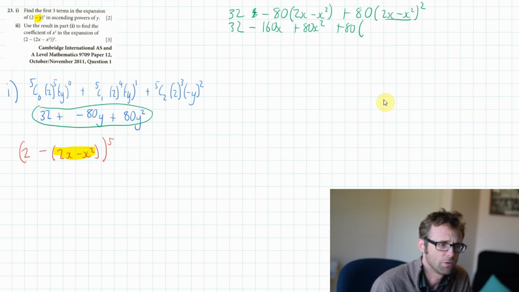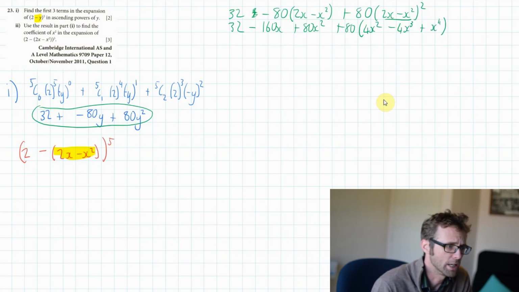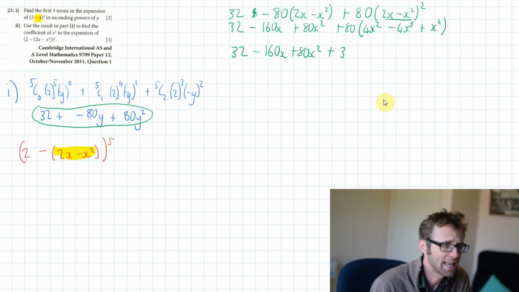I'm going to expand that to 4x squared minus 4x cubed plus x to the power of 4. Yes, and then my next line will read 32 minus 160x plus 80x squared plus 80 times 4, 320x squared minus 320x cubed plus 80x to the 4.